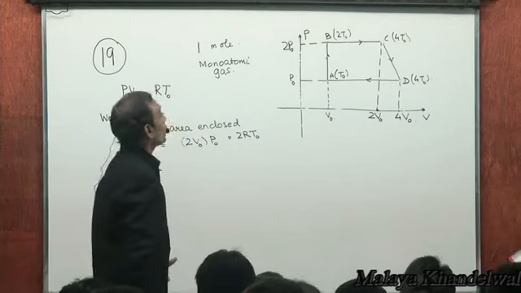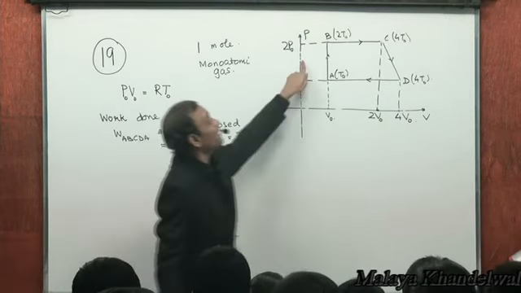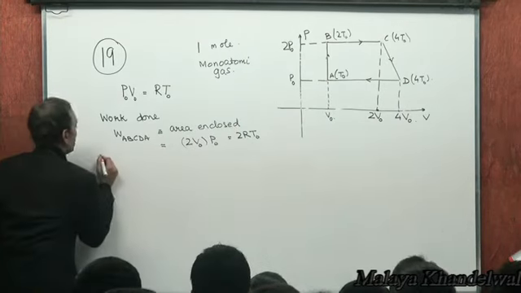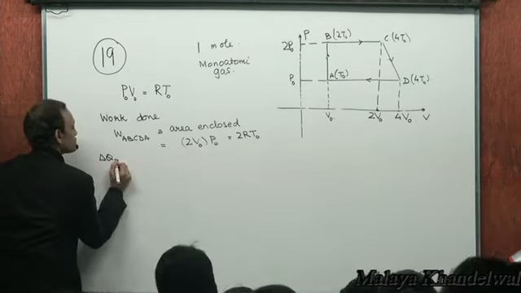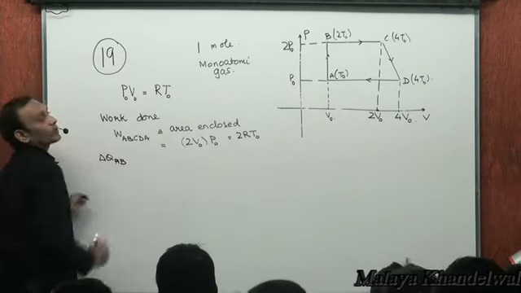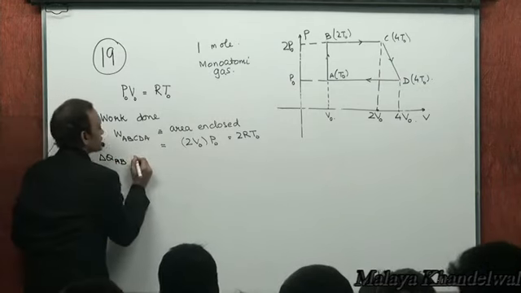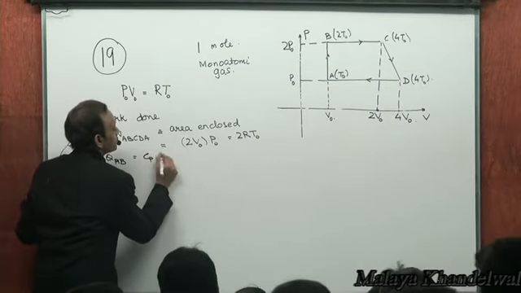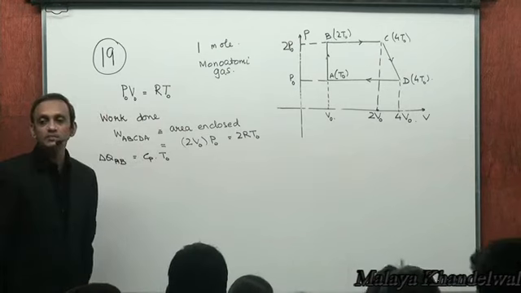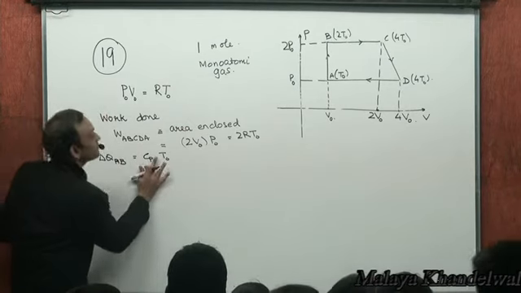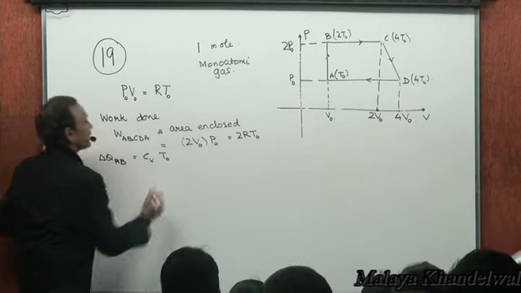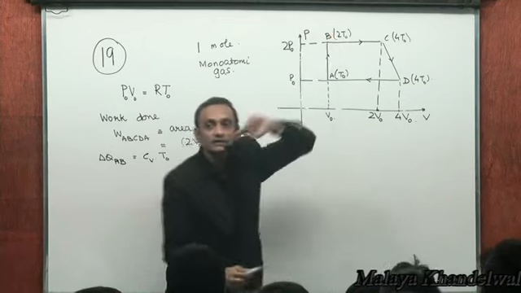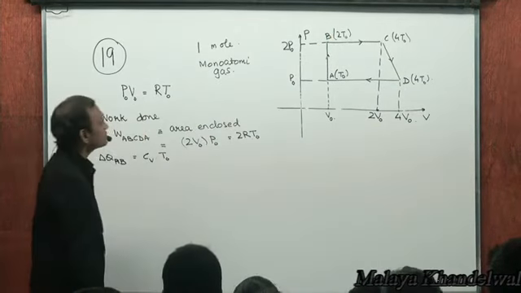Clear? Now, if you look at AB, it's an isochoric process, right? Heat supplied in AB is positive because temperature is increasing. It's a constant volume process, so heat supplied would be nCV delta T, with n equal to 1 and delta T equal to T0.